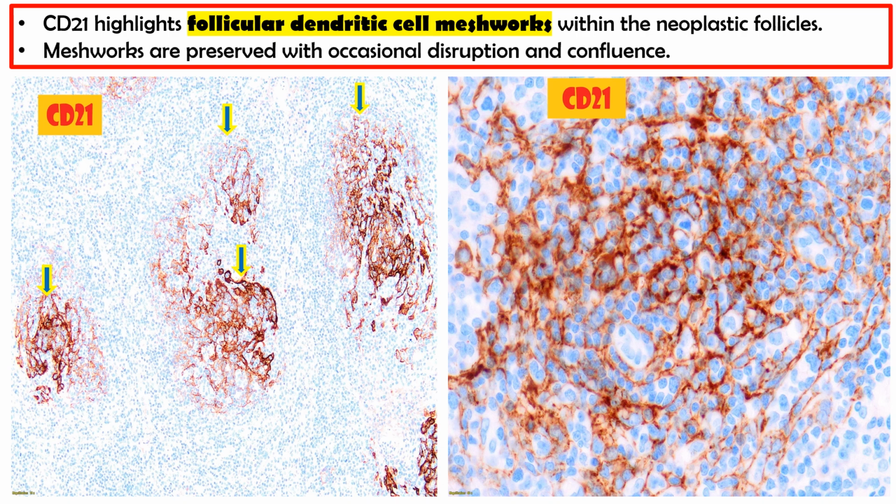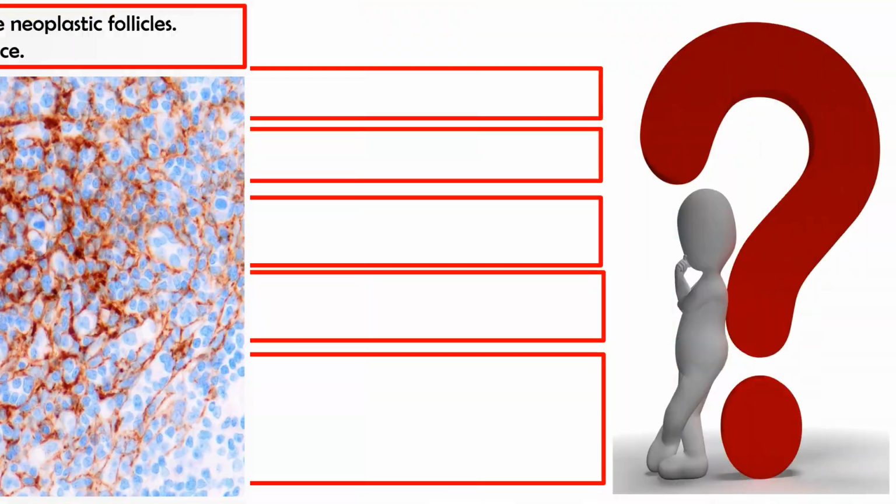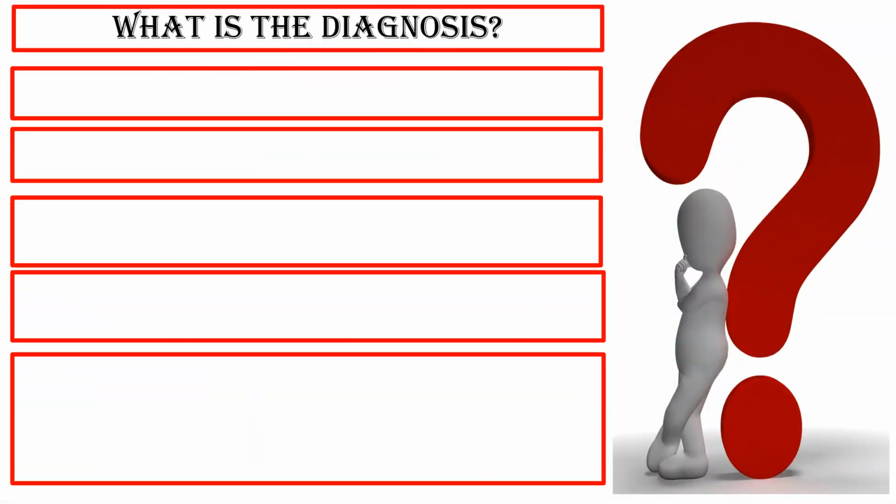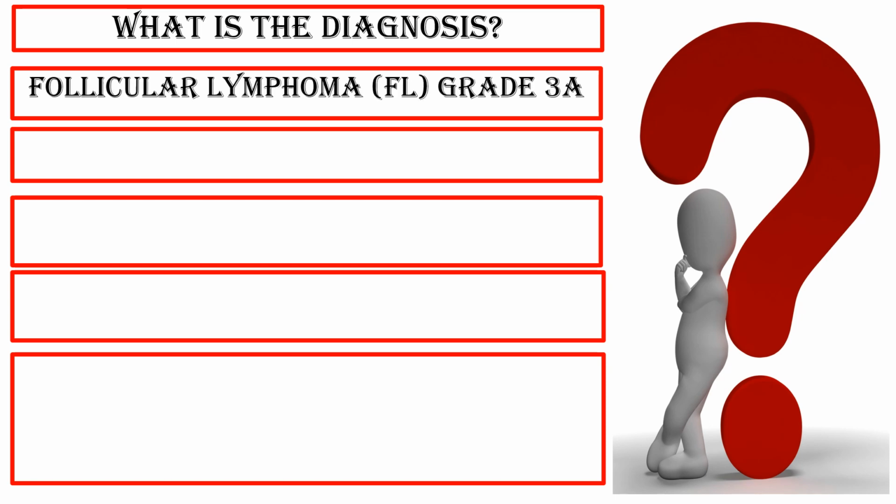Meshworks are preserved with occasional disruption and confluence. Okay, what is the diagnosis? It is follicular lymphoma grade 3A.